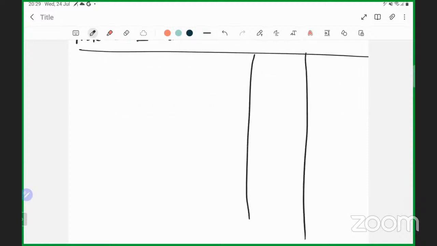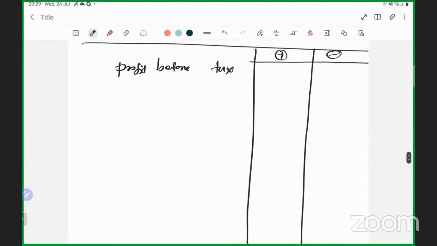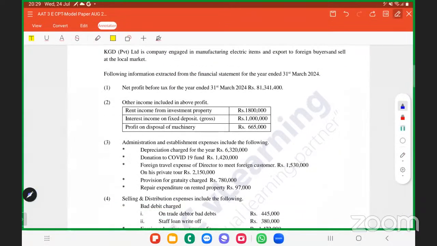Right, this is the structure. Now we can start the calculation.